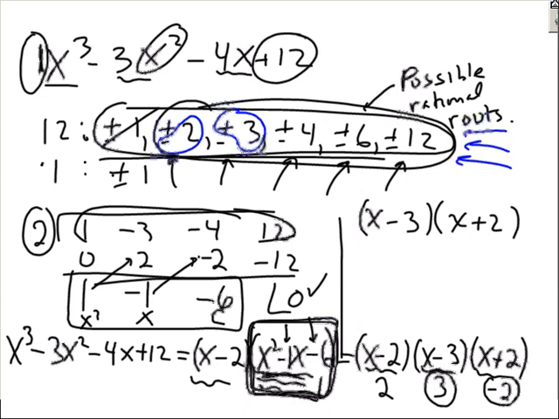Unfortunately, there's lots that aren't. Plus minus 4 wasn't a zero. Plus minus 6 weren't zeros. Plus minus 12 wasn't a zero. They're only possible zeros. So the synthetic division kind of helps us out a lot. We don't have to do long division.